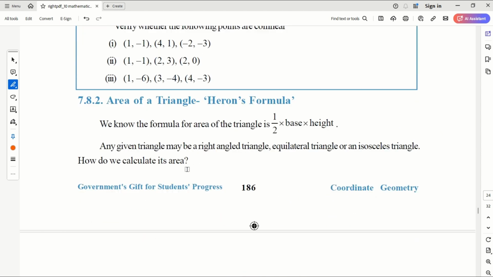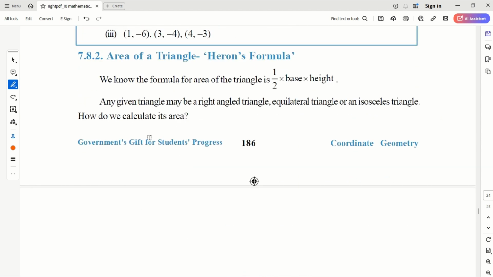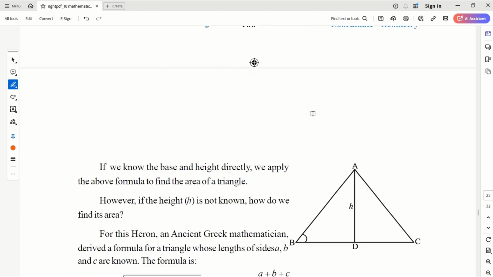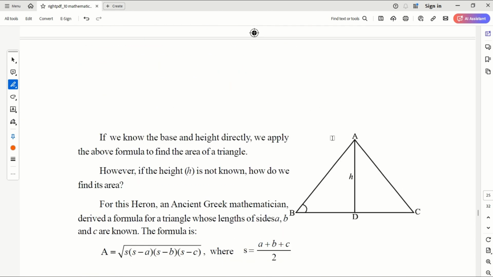Let's learn the area of a triangle using Heron's formula. This comes in geometry. It's very easy, and most of you have already learned it anyway. We know the area of the triangle is half into base into height. But if only the three sides of the triangle are given, not the height, then how do you do it?